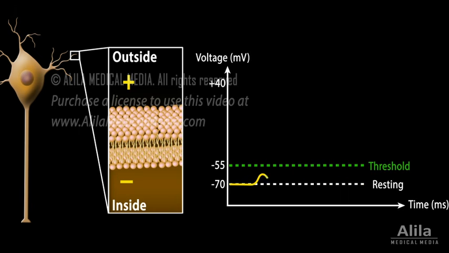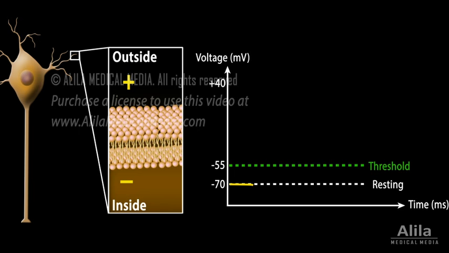Any voltage change in that direction is called excitatory postsynaptic potential, EPSP, because it makes the neuron more likely to fire. EPSPs are brought about by excitatory neurotransmitters.